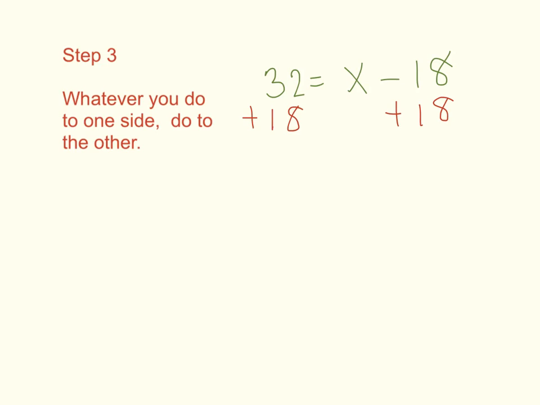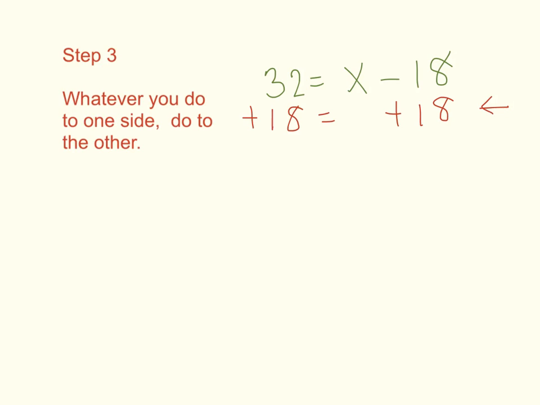In other words, everything here must be the same, because 18 equals 18. Whatever's on one side of the equation has to equal whatever is on the other side of the equation.